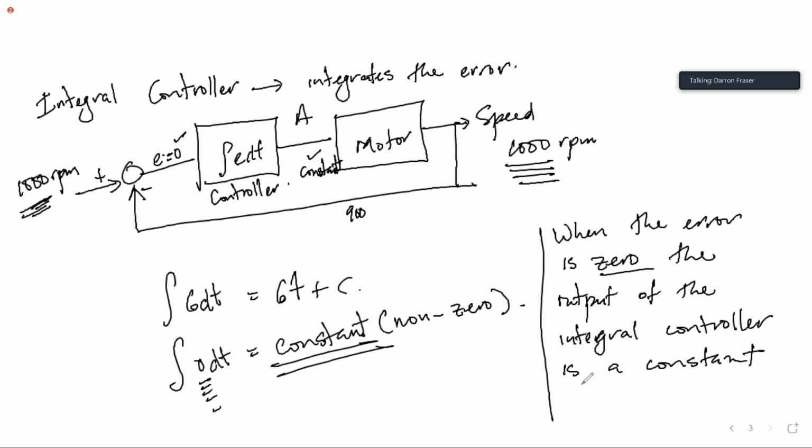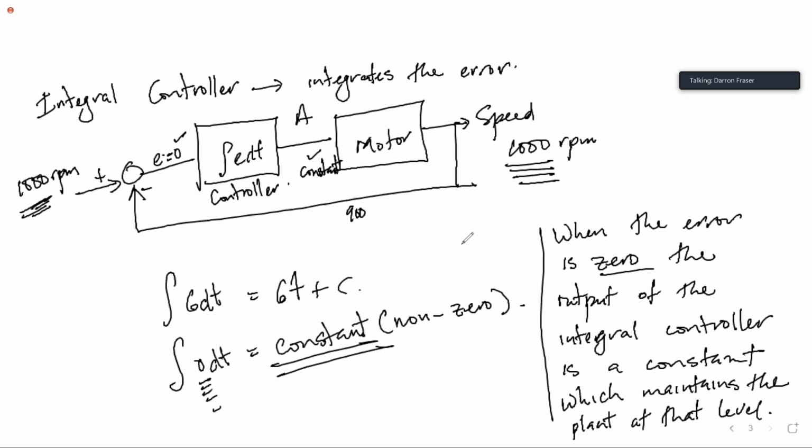All right, so when the error is 0, the output of the integral controller is a constant. So that constant value maintains the plant.